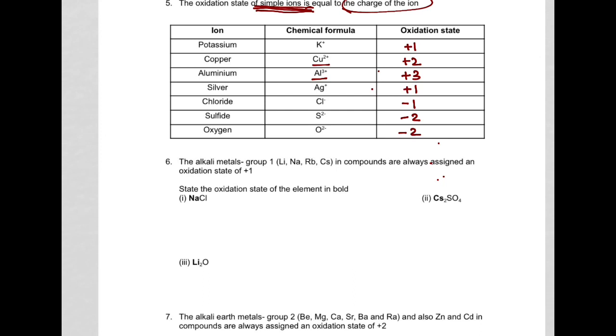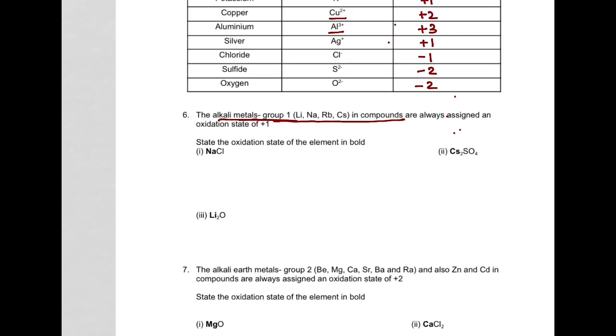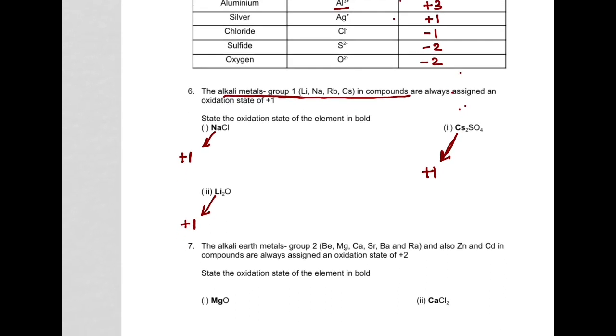Another rule, group 1 metal compounds are always assigned oxidation state of +1. So for example, NaCl, Na will always be +1. Cs, cesium, group 1, oxidation state +1. Lithium, group 1, oxidation state +1.